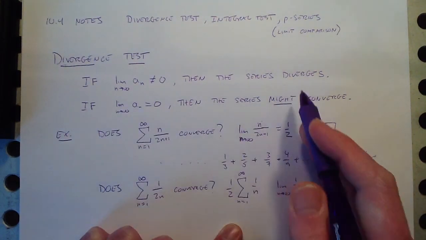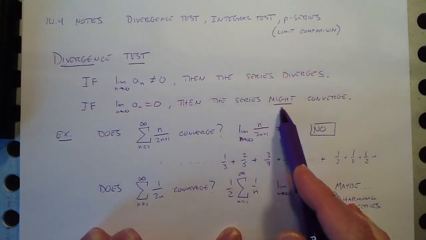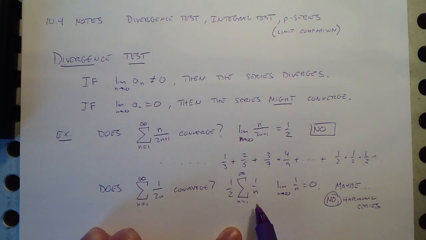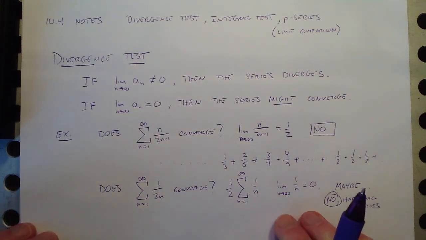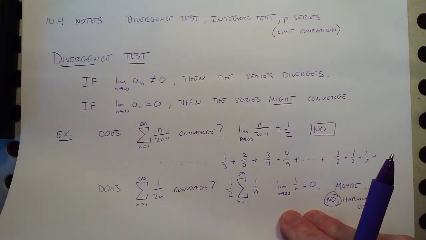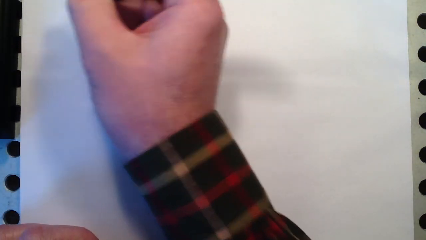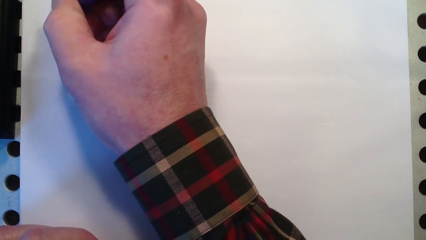So no, but not because of this test. We got this far. It had a chance, but then when we looked a little closer, we recognized it was just a version of the harmonic series, and we know that that diverges, but just barely. All right, so more about that in a minute. Let's talk about the integral test.